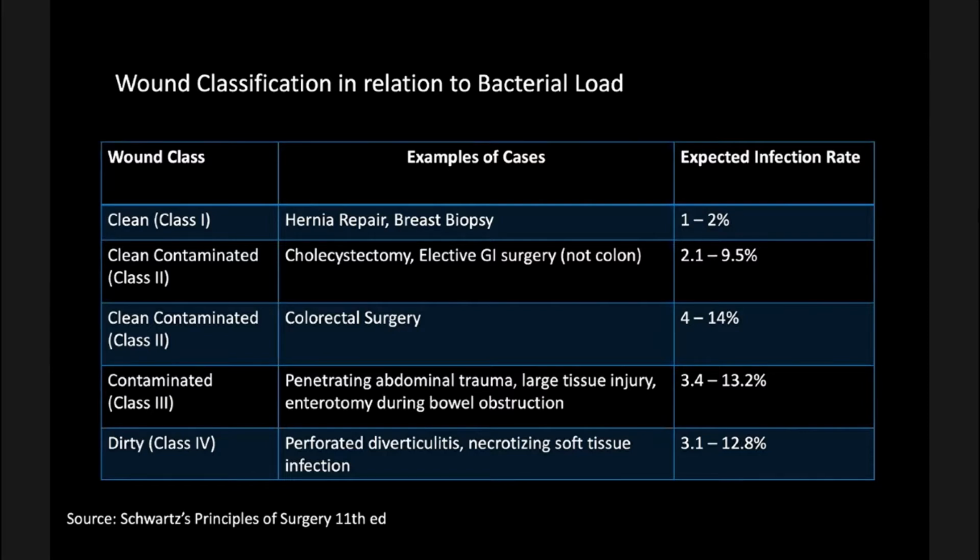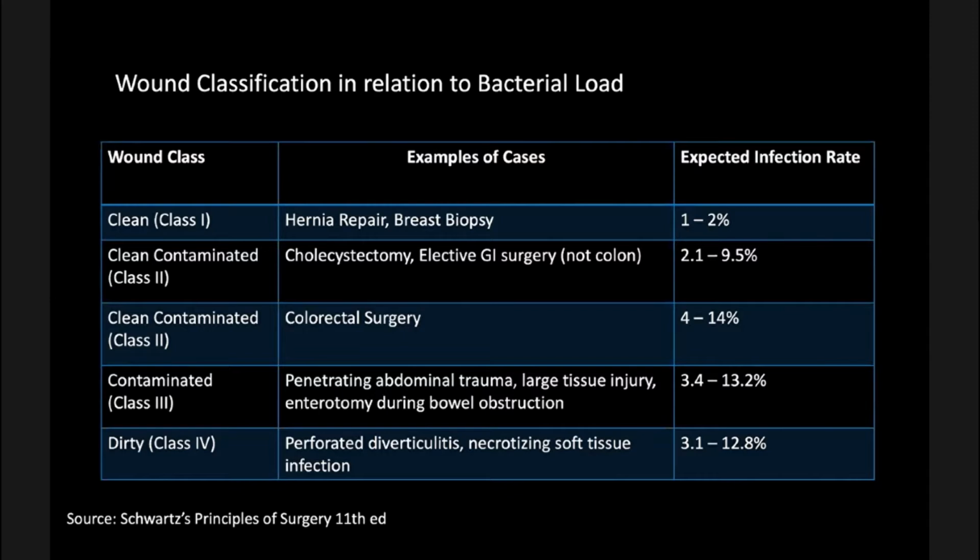As you can see, let's say, for example, colorectal surgery, a patient underwent colon resection, that's considered a clean-contaminated class 2 wound with an expected SSI rate of about 4 to 14%, the highest among the classes.